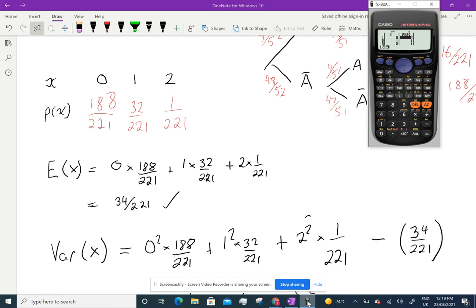So 188 divided by 221. It gives it as a decimal. 32 divided by 221. And 1 divided by 221. Once you've got all of them in there, all clear, go shift, stat, get your variable data.